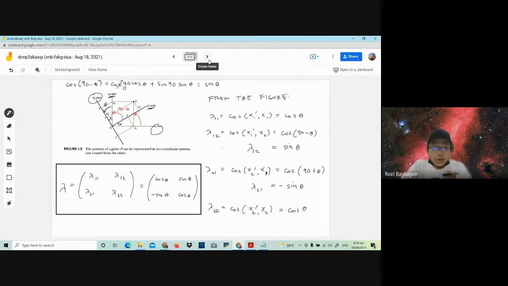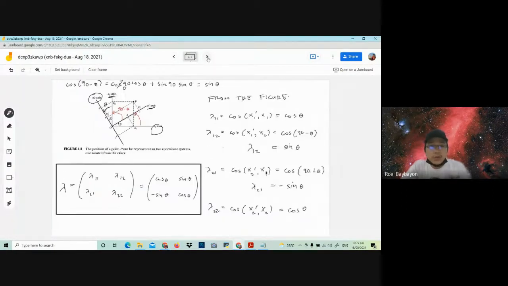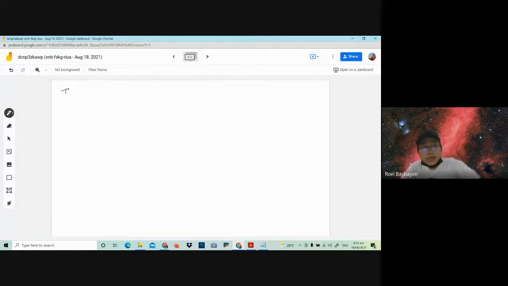So therefore, we can write the coordinate transformation. Thus, we can write coordinate transformations as: the x1 prime and x2 prime can be written in terms of lambda ij's. Okay?